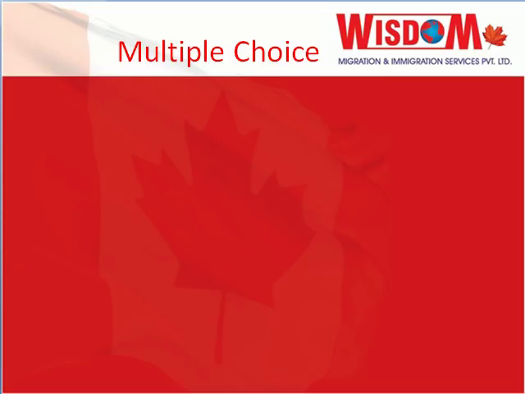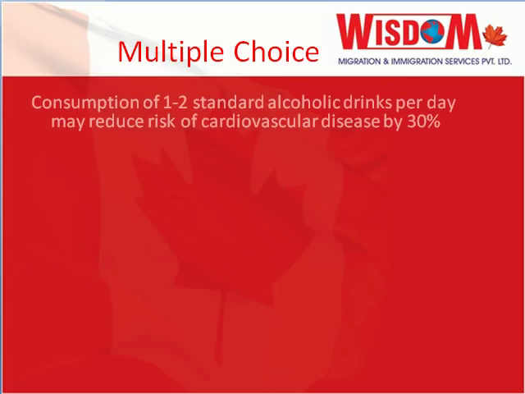Second types of questions are the multiple choice answer questions. Here 1 question is given to you, followed by 4 or 5 choices, out of which you have to choose the best one, which will be your answer. For example, this sample question. Consumption of 1 to 2 standard alcoholic drinks per day may reduce the risk of cardiovascular disease by 30%.